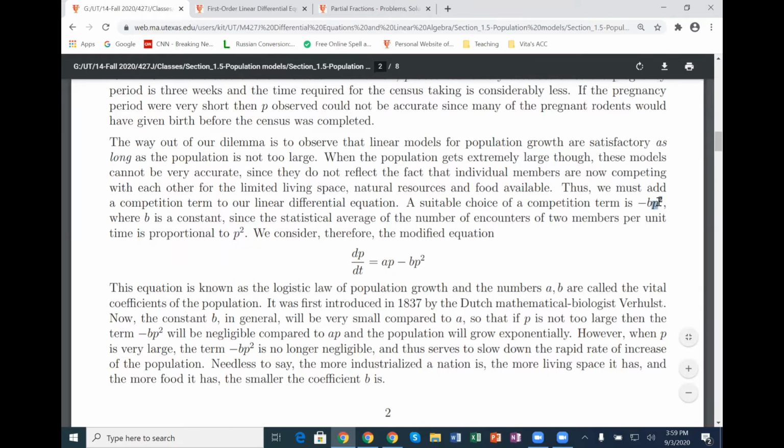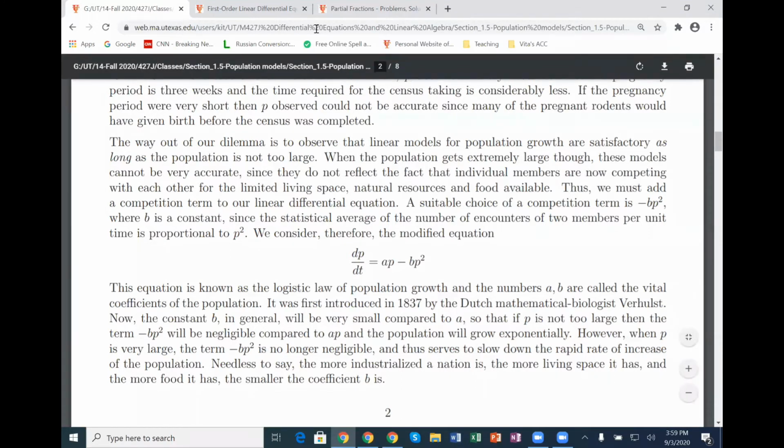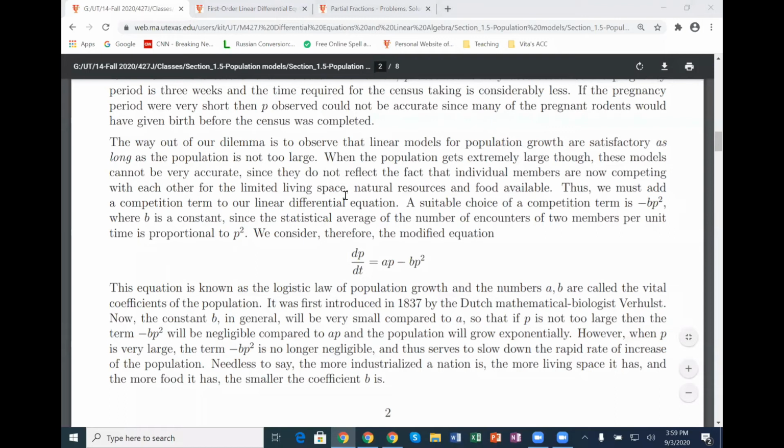Proportional means p squared times b. So by statistics. Oh, okay, so it's given in the question, actually. Well, yes. So the equation is this. Instead of p prime equals ap, we have p prime equals ap minus bp squared. Was that your question? Yes, thank you. All right, next.